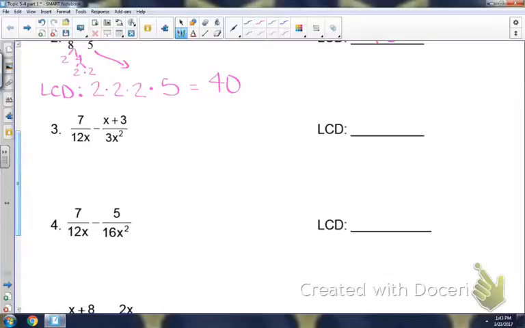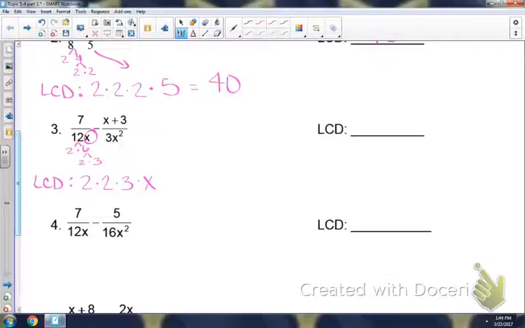Okay, 3, the 12, use factor tree, 2 times 6, 2 times 3. Again, to find the LCD, you're always bringing everything from the first denominator. So I'm bringing a 2 down, another 2, and a 3. Also notice there's an x that I need to bring down. So I brought everything down from the first denominator. Looking at the second denominator, I have a 3, but I can't use a factor tree on it.